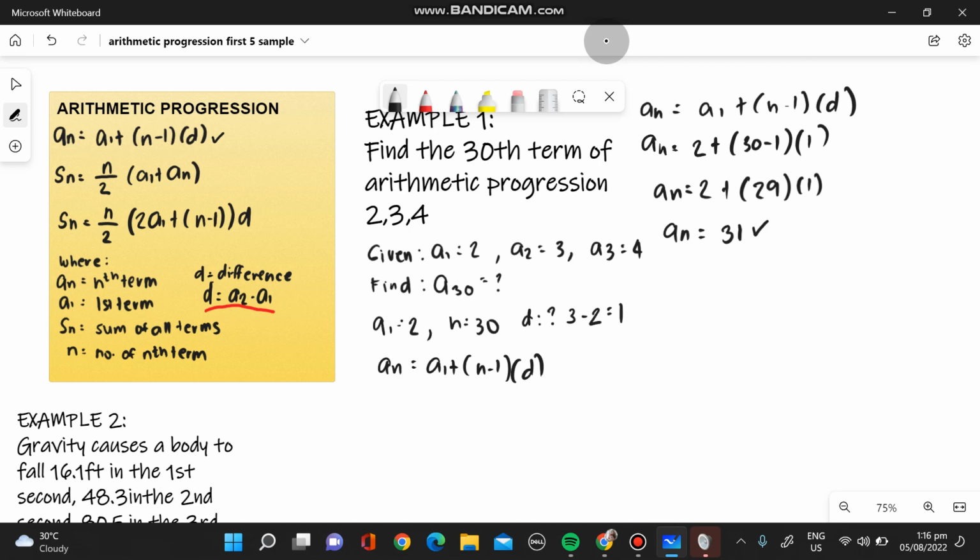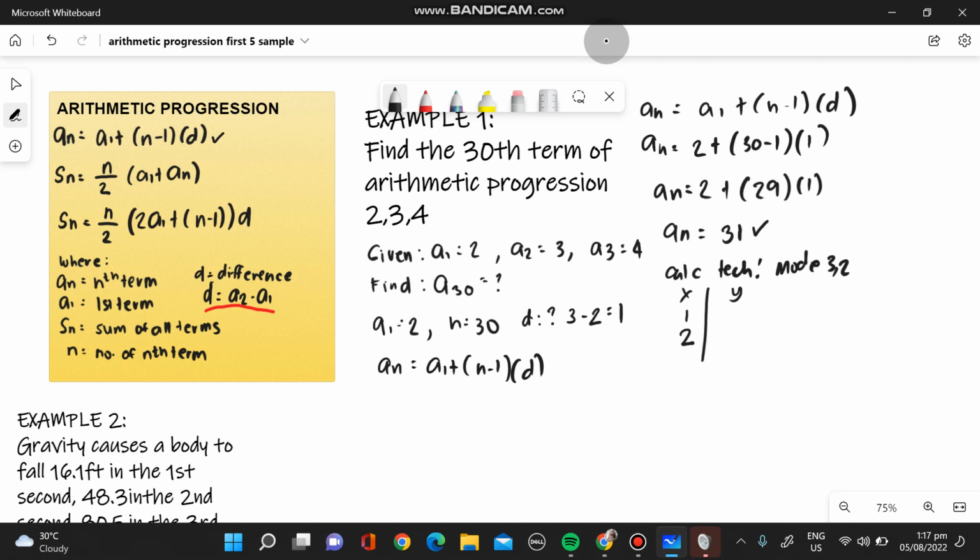So there is a calculator technique for this one. We have to press mode 3 and 2, and then we have to plug in the values of x and then y. We have the x values, which are 1 and 2.